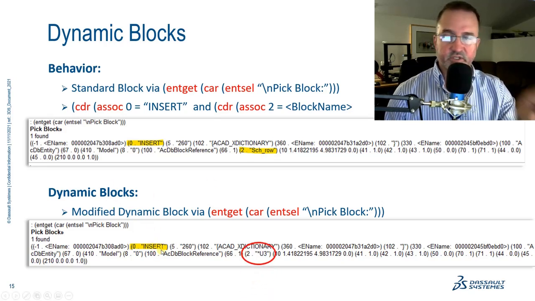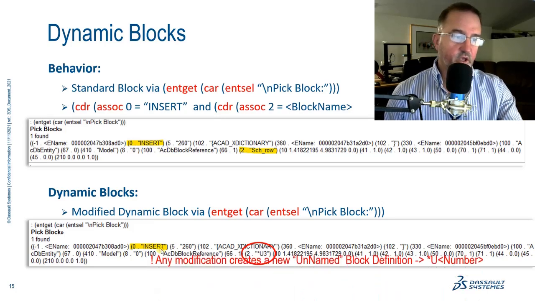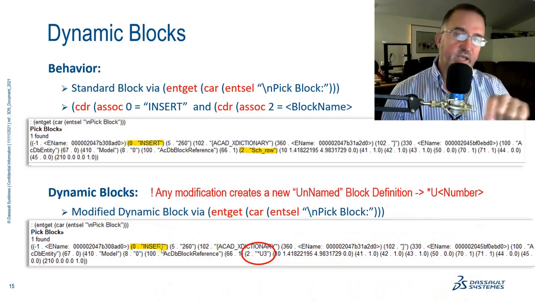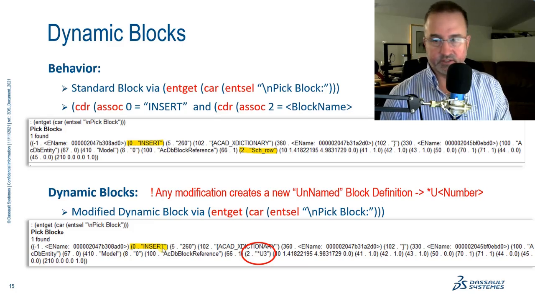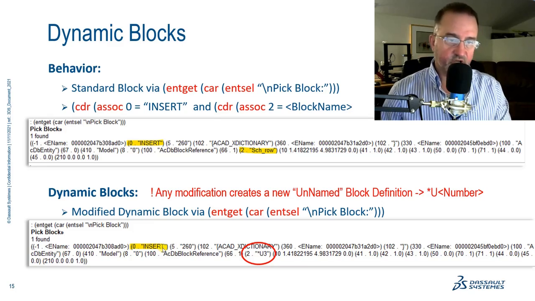But if you look closely, the association list for 2, which is the name of the block, has changed to *U3. Anytime you make a modification to a dynamic block, the name of the block becomes a random, basically numerical name. It'll be star U and then a number.